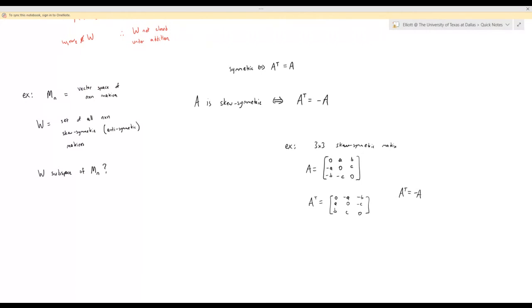I don't think you would do too much with skew symmetric matrices. They might come up in a question or two perhaps, but symmetric matrices are more important for you in this class.